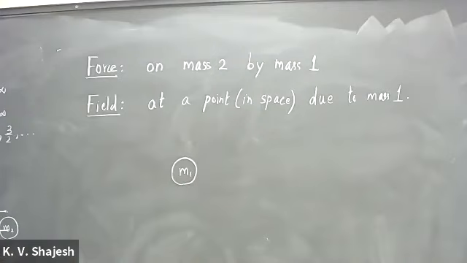There is no concept of force. If there is only one mass, you cannot talk about force at all, because force by definition requires two objects. One exerts the force on the other.